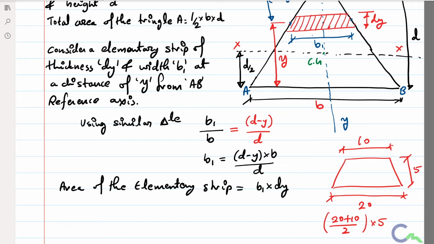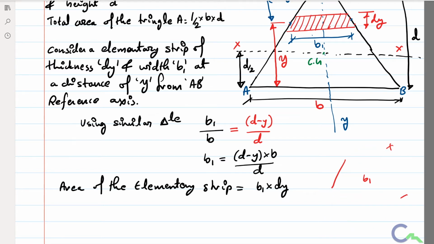The same way I did here, taking b dash into dy, we get the area of the trapezoid. The b dash we calculated is d minus y divided by d into b into dy, from equation 1.